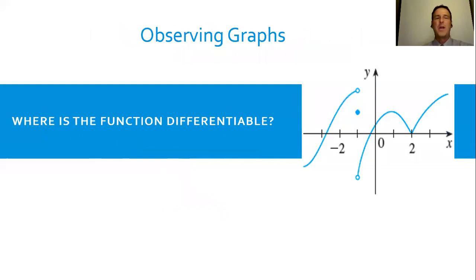All right, where is this function differentiable? Now let me give you some definitions. A function is differentiable at a point as long as a couple things happen. One, it must have a limit there.